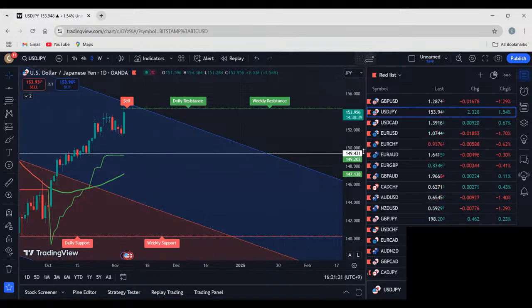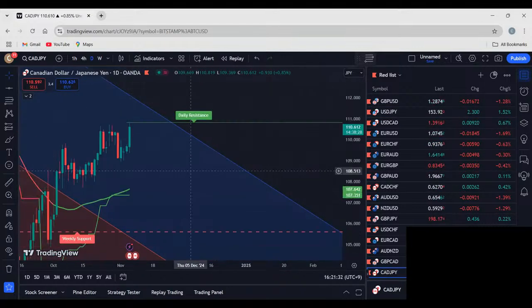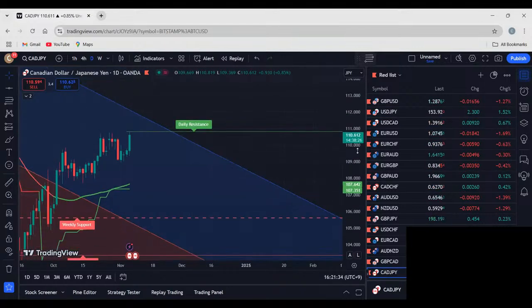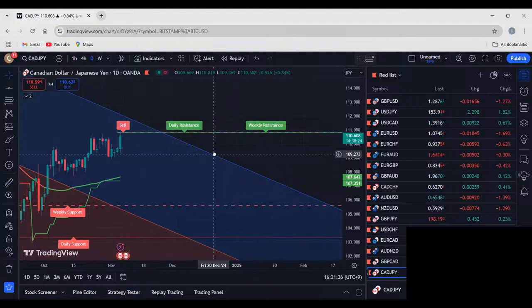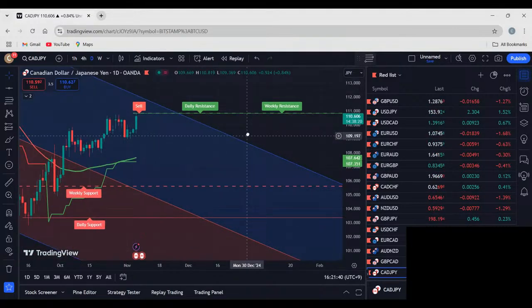So if we go over to CADJPY, where's the CADJPY? Okay, let's check the CADJPY. Now you can see that the CADJPY is the same thing, it aligns at the same levels.